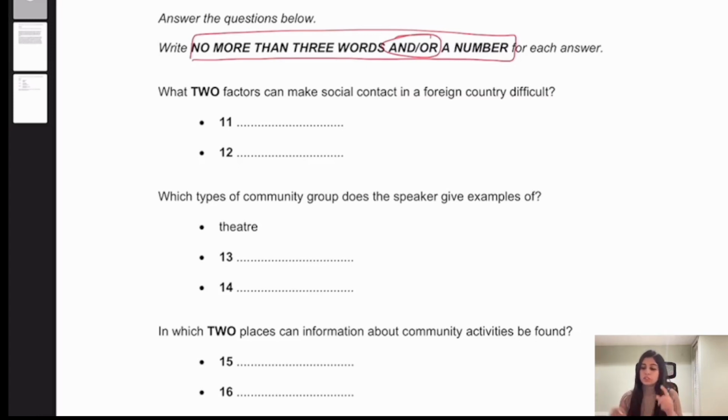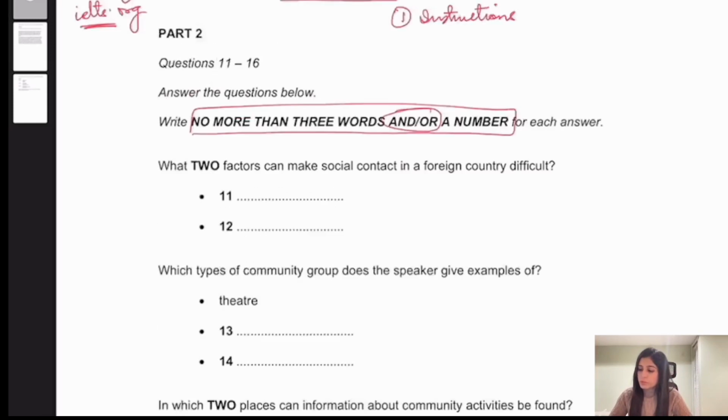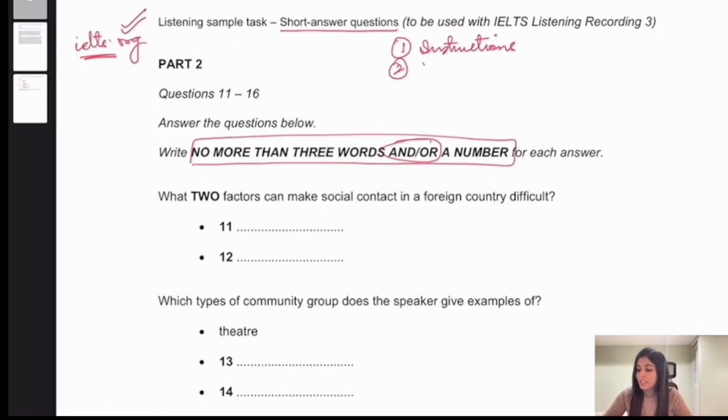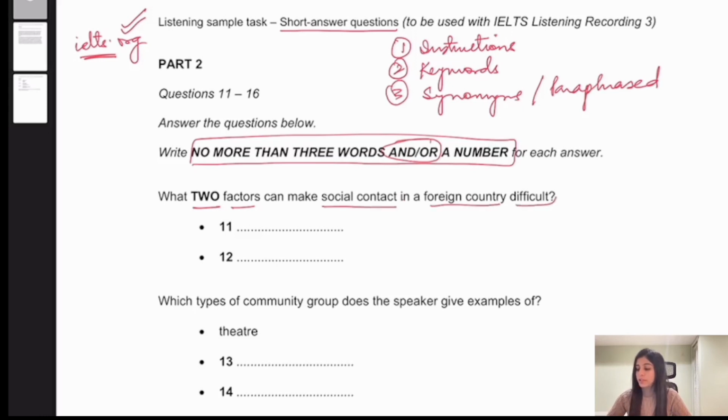So the very first thing is to underline the keywords. Actually, the second thing, keywords, and then you have to think about the synonyms, or basically think about how this sentence can be paraphrased. So: 2 factors that can make social contact in a foreign country difficult. You have to listen to the audio and look for 2 factors that make social contact difficult.